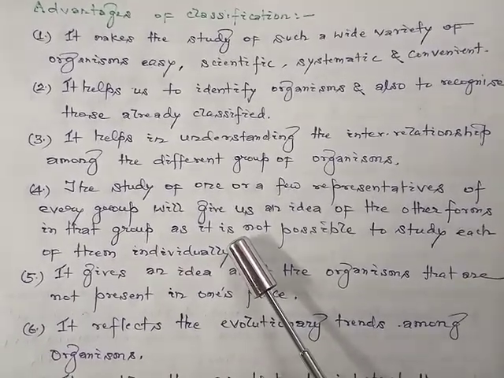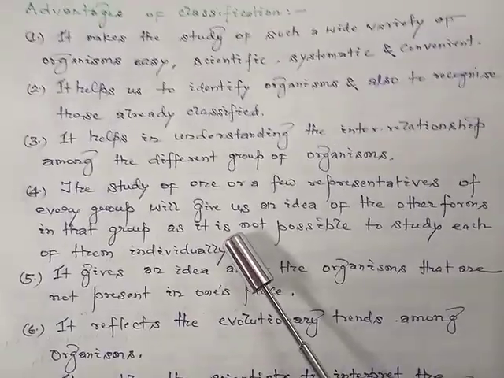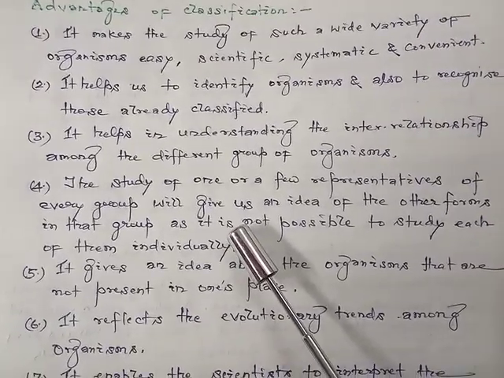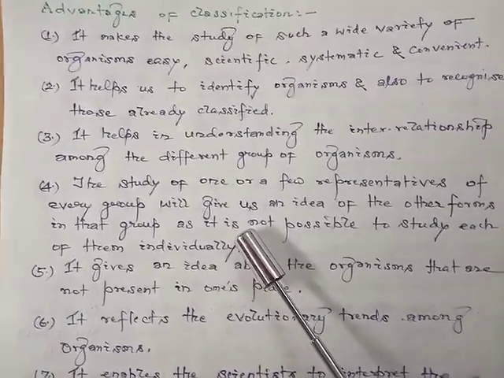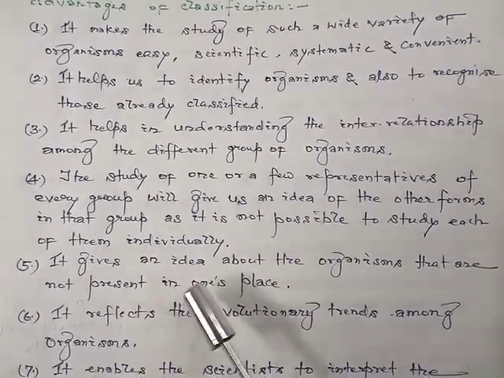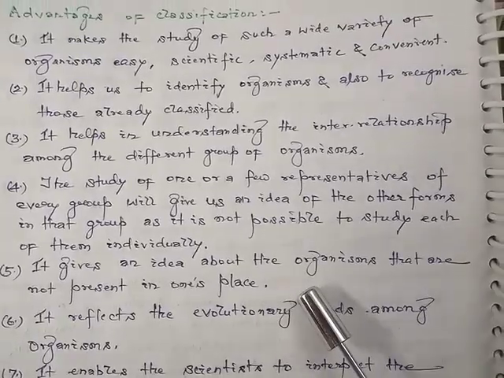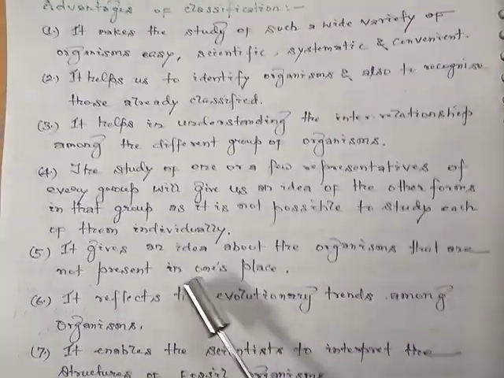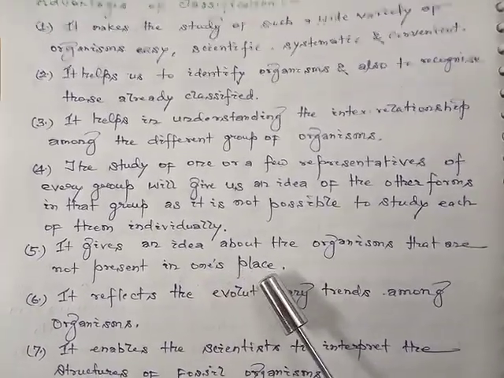That group will have the same basic features as those we have studied, shared among them. Fifth, it gives an idea about the organisms that are not present in one's place.